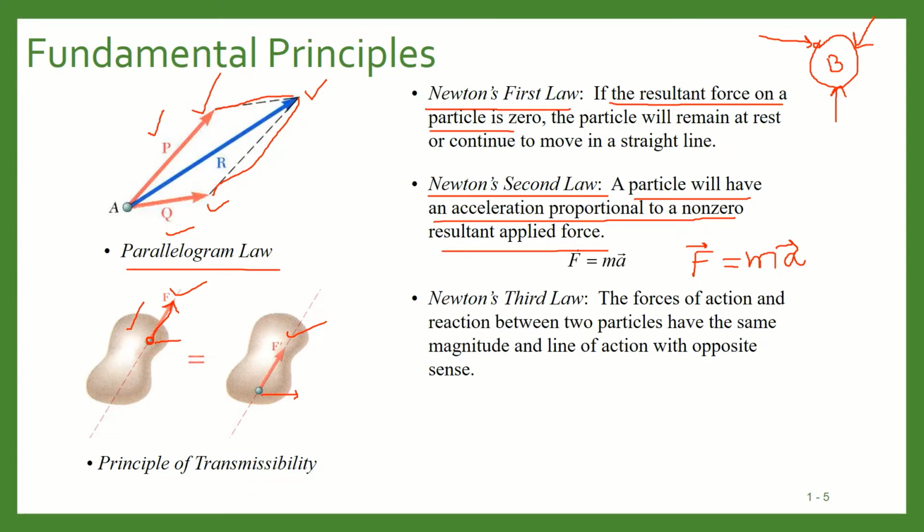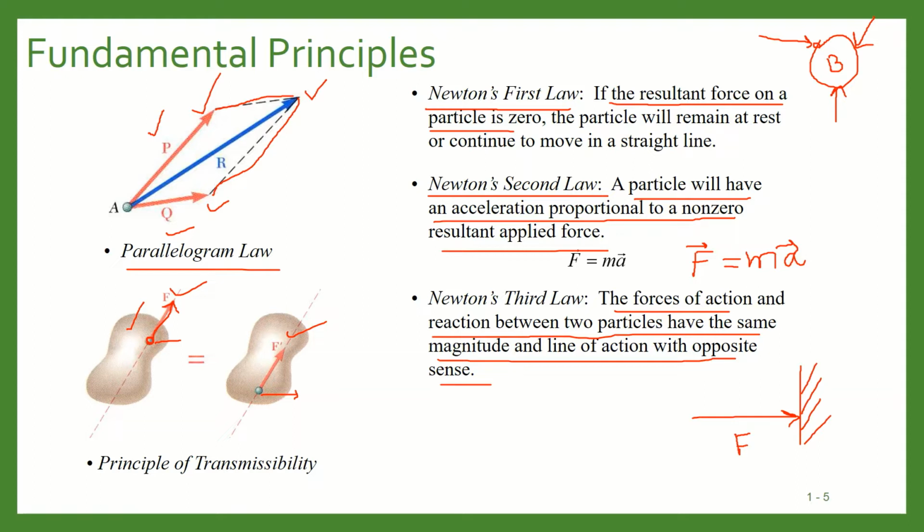And third is Newton's third law. It says that the forces of action and reaction between two particles have the same magnitude and line of action with opposite sense. So suppose you have a wall and you have applied some force F. You have applied this force on the wall.